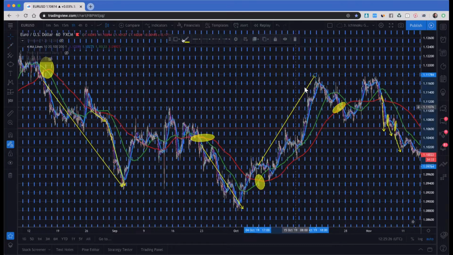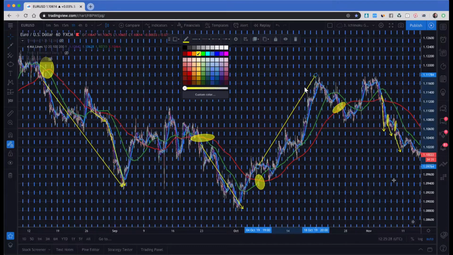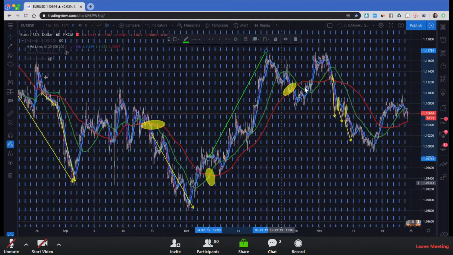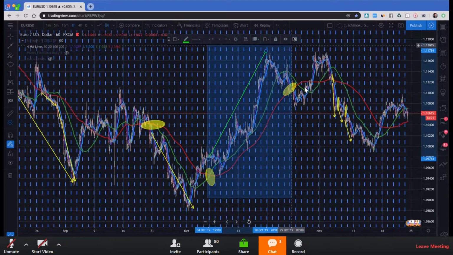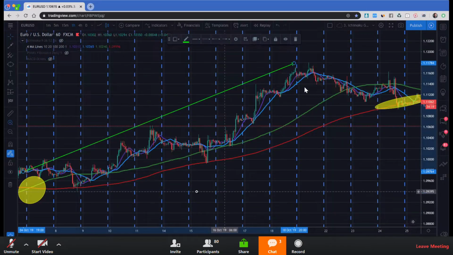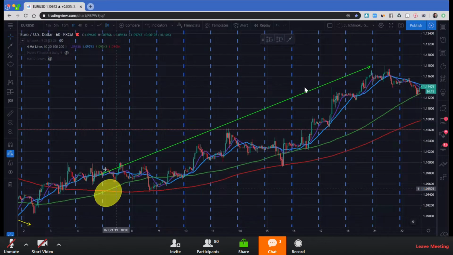So let me make this a green one, and let's zoom in on this period, all right? So I zoomed in on this period, and you see here the 100-200 cross.